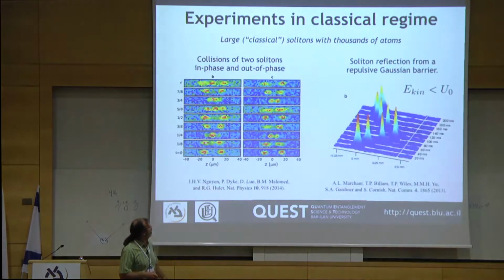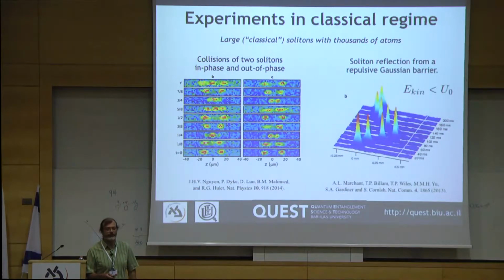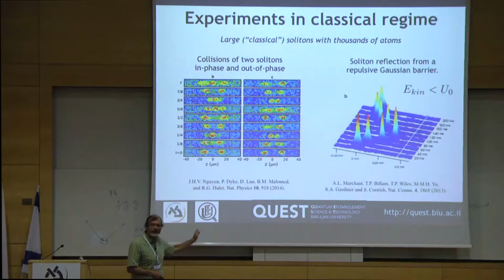And then, with classical solitons, I'm just showing you a couple of more recent experiments done with these objects. But again, all these experiments are done with classical matter-wave solitons. I'm not saying that these experiments are not beautiful. It's hard to do that.